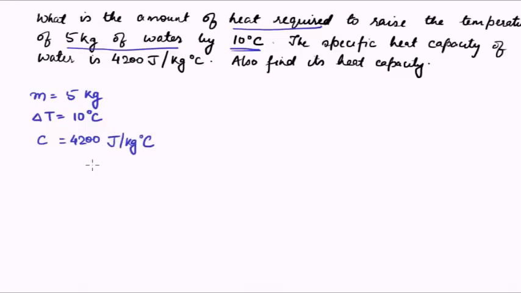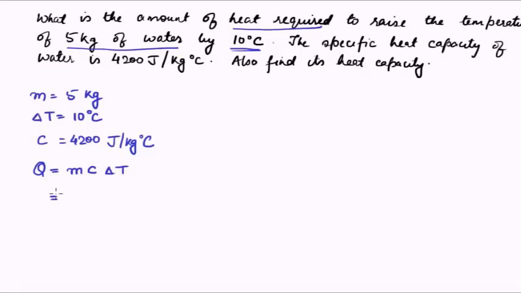Okay, now we need to find the total heat required to do this task. We know that the heat required is equal to mass into specific heat capacity into the rise in temperature. This is from the definition of specific heat capacity that we studied.